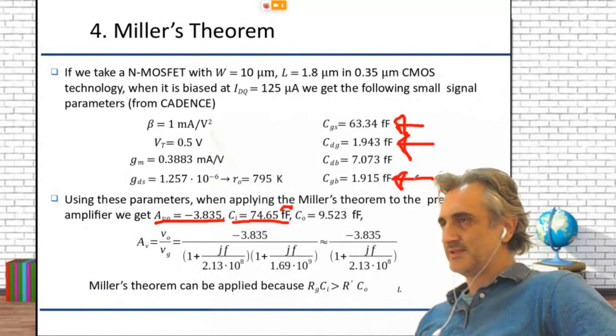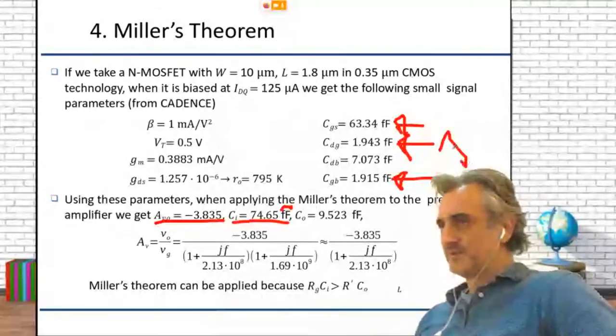Notice also that the input capacitance is the addition of these three capacitors plus this one multiplied by the gain. So this one is multiplied by the gain.